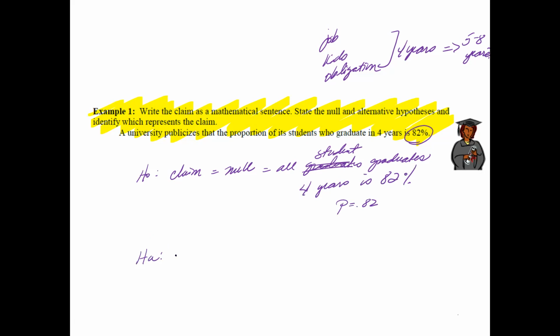Your alternative hypothesis is going to be the opposite of this claim: 82% of students do not graduate from a 4-year university or college. And so you could just say P does not equal 0.82. So that is your null and that is your alternative.